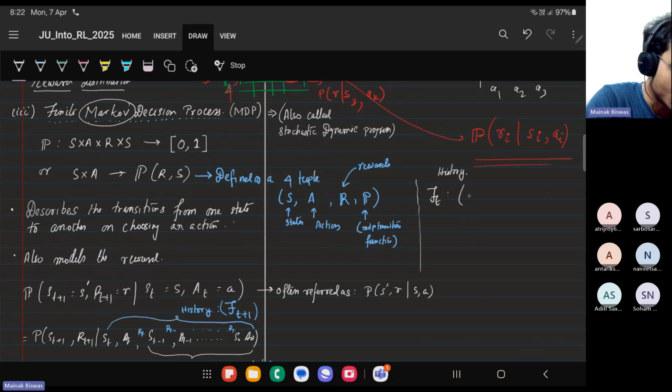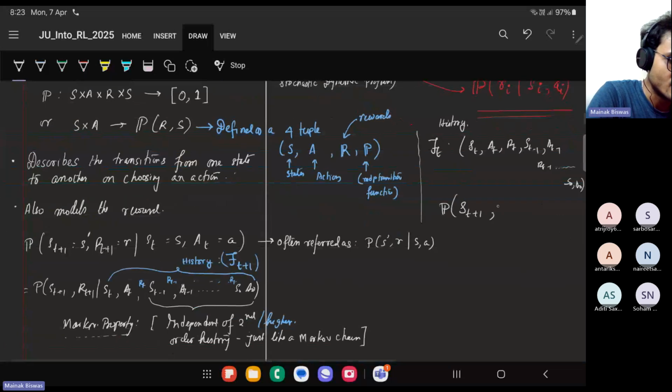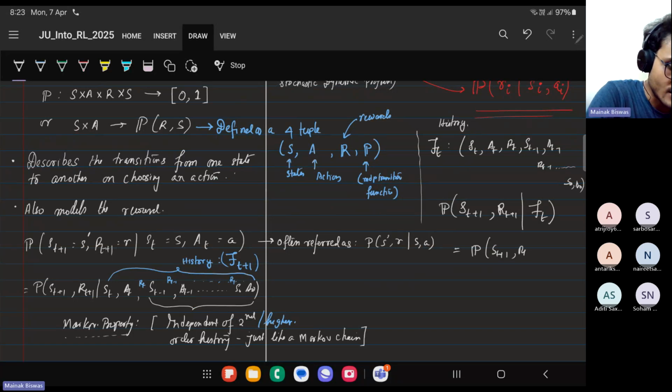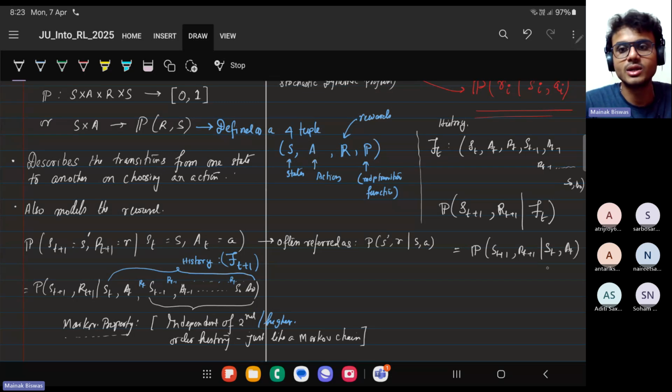This set would be the random variables S_t, action A_t, R_t, S_{t-1}, A_{t-1}, R_{t-1}, and so on, till S_0, A_0. So this says that the probability distribution of S_{t+1} and the reward R_{t+1}, given the history H_t, is just dependent on S_t and A_t. This is what the probability distribution tells you.